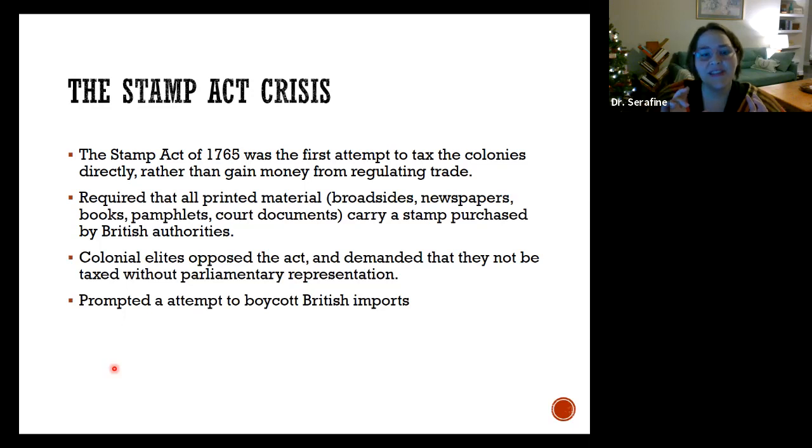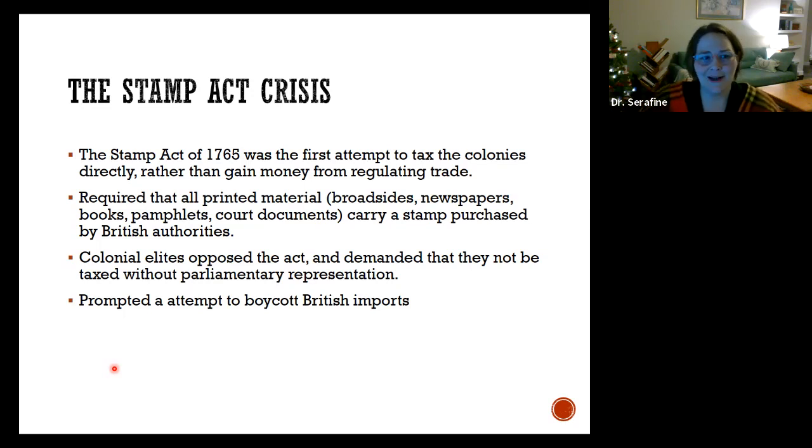Now, this is a tax that really only affects colonial elites, who are going to demand that they not be taxed without parliamentary representation. Parliament is going to respond, wait, you're English. We are representing you. English Parliament represents all English people wherever they are around the globe.